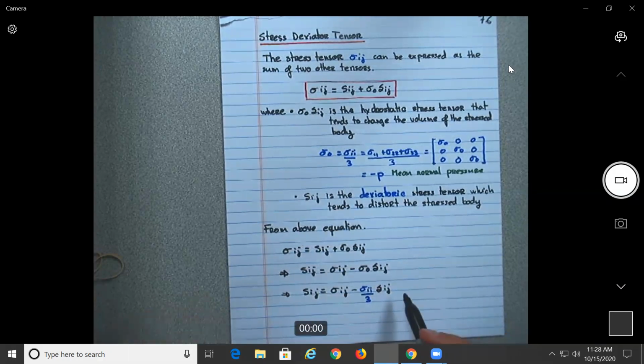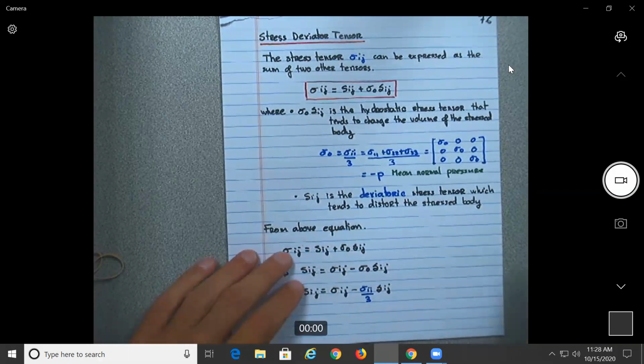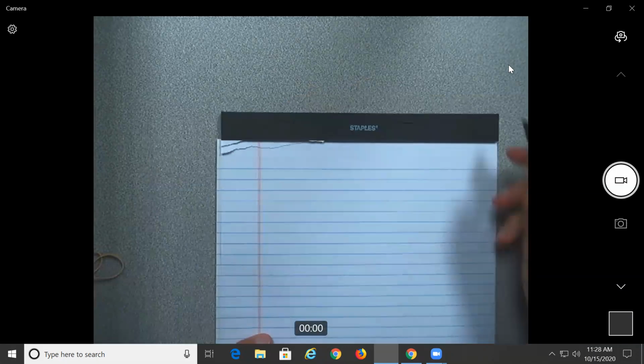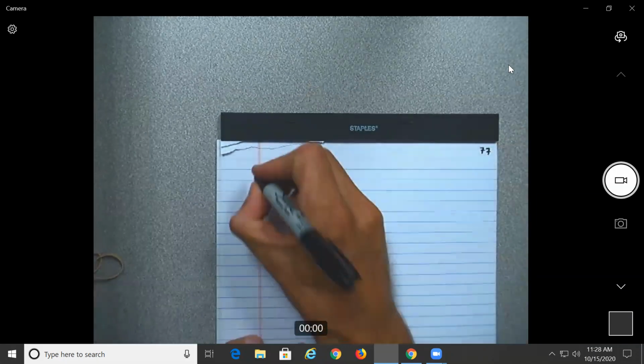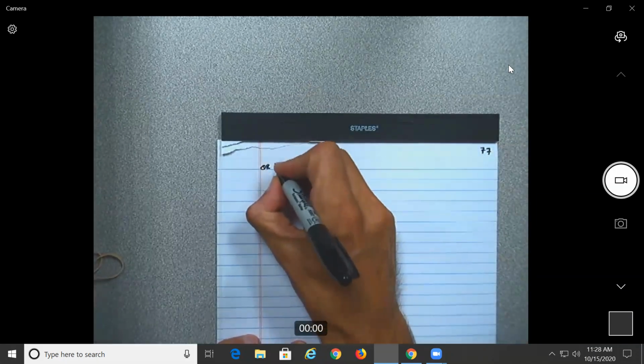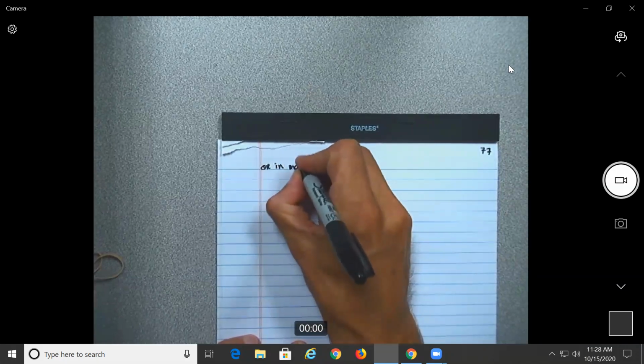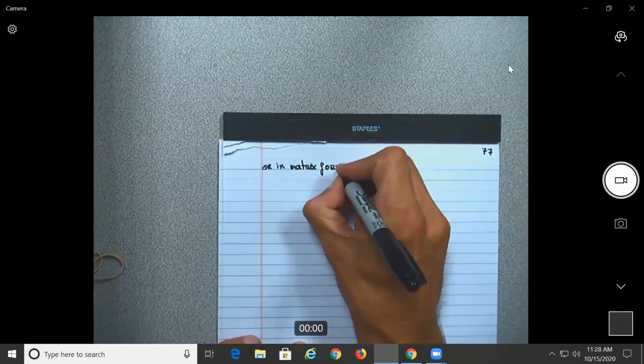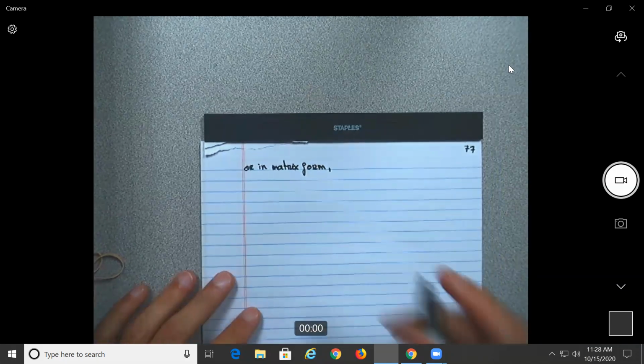Okay, so what's important here now is to rewrite this equation in matrix form so we can observe something. So in matrix form, what do we have?